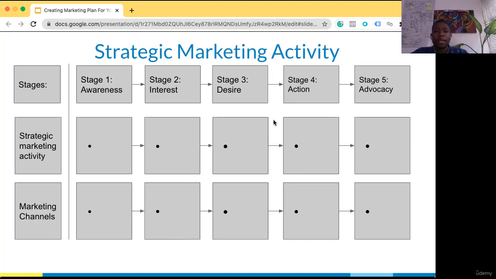Then third stage, desire stage. Desire stage is I want to answer their doubts, right? At the desire stage for my marketing strategy, I want to answer their doubts. So in this case, maybe the marketing channel is your blog, exactly, right?